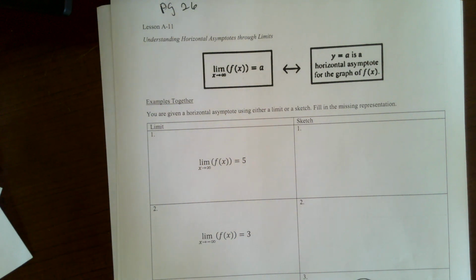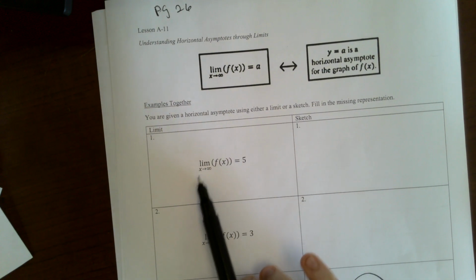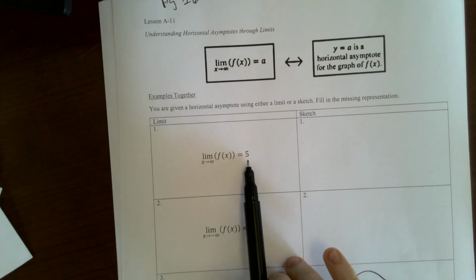Okay, so if you're looking at a sequence of numbers, like x is 10, then it's 100, then it's 1,000, then it's 10,000. It just keeps going. X just keeps getting huge. And they're telling us that as that happens, the y values, the graph, is leveling off at 5.